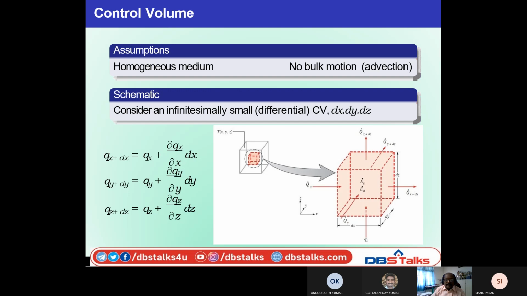At the start of this element, there is a heat transfer of qx, and at the other end, at a distance of x plus dx, the heat transfer is qx plus dx. Similarly, in the y direction, qy, and at y plus dy, qy plus dy. Similarly, in the z direction, qz and qz plus dz.